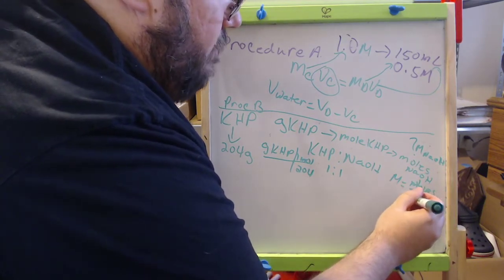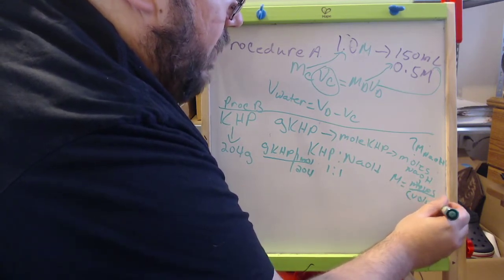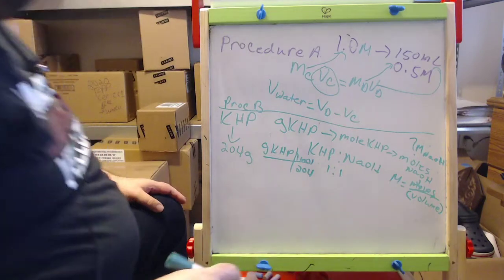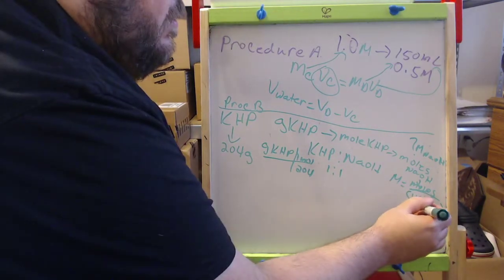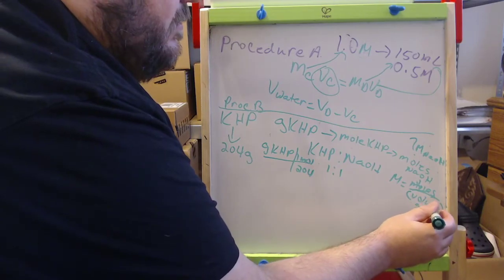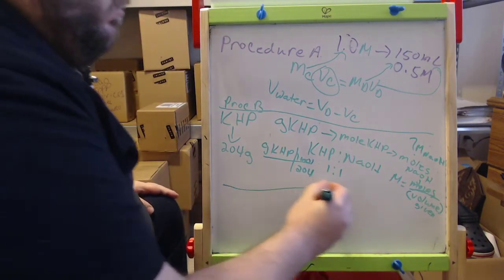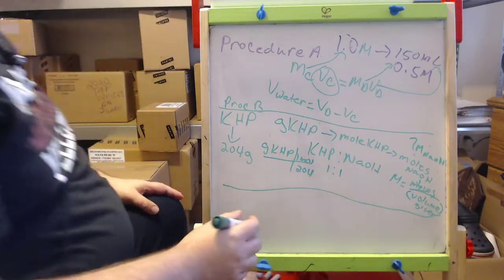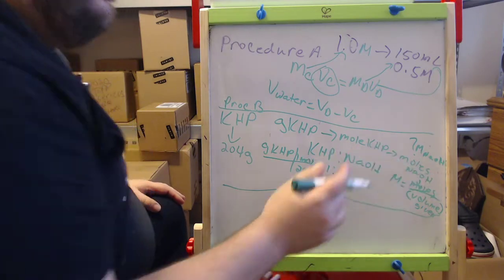The volume added to reach the endpoint is given on Blackboard. So you'll plug it in there. Make sure it's in liters.